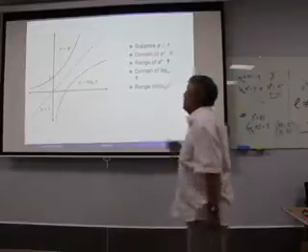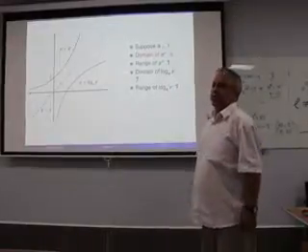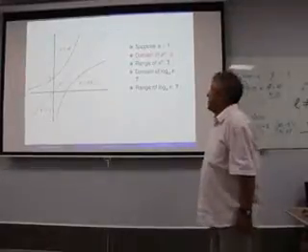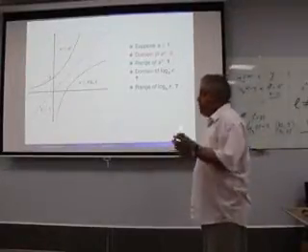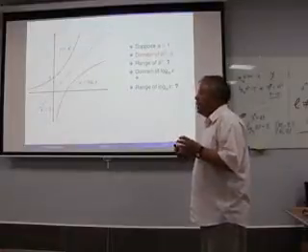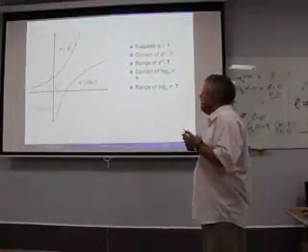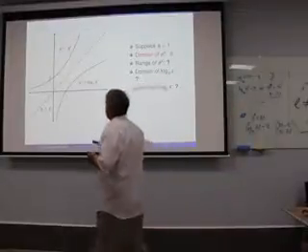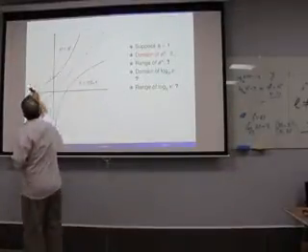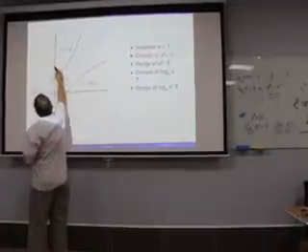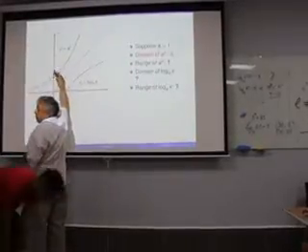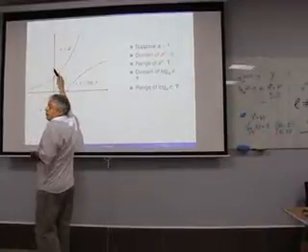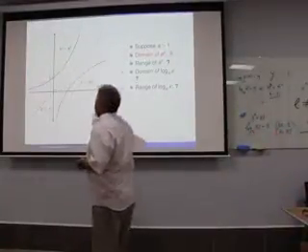What is the range of a to the power of x? In other words, what values can a to the power of x assume? Look here. The values can be only from above 0 and to the top, right?